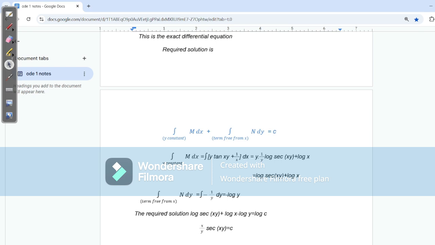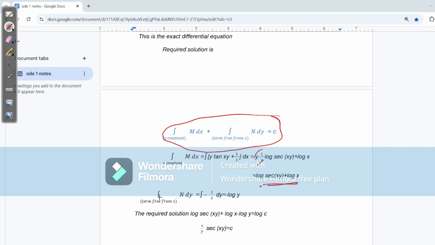Required solution is integral m dx plus n dy equals c. Okay, this is the value we have to find out. Integral of m dx: y tan xy plus 1 by x gives 1 by y times log secant xy, this y gets cancelled out, plus 1 by x integration gives log x, so log secant xy plus log x.